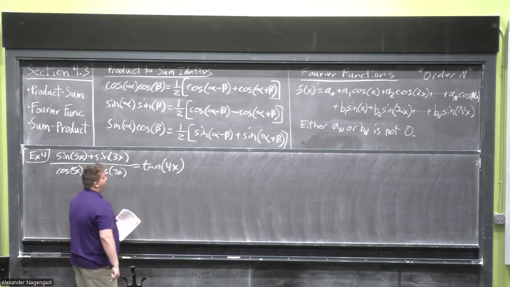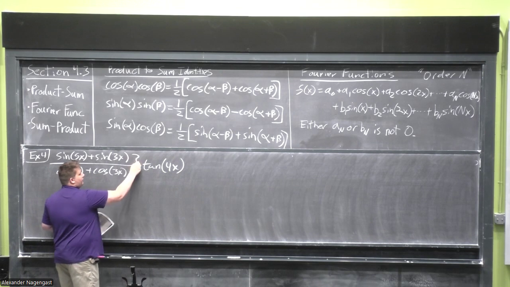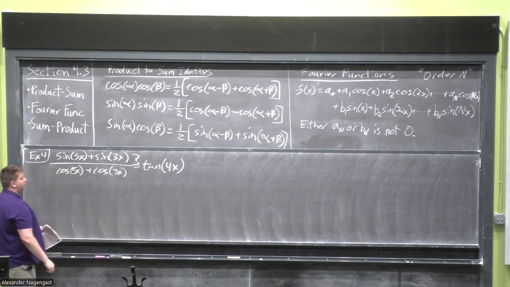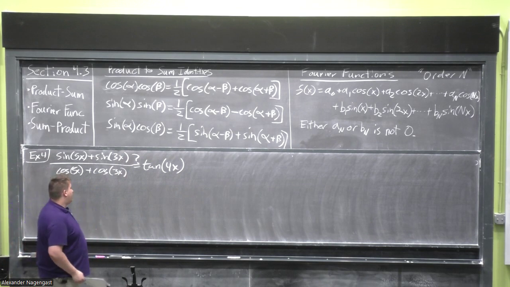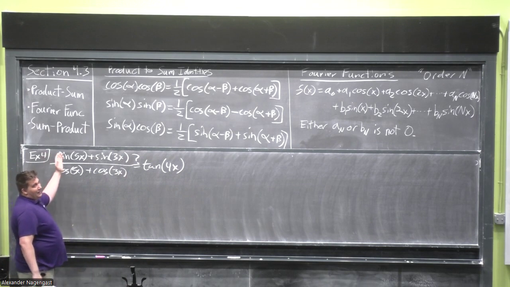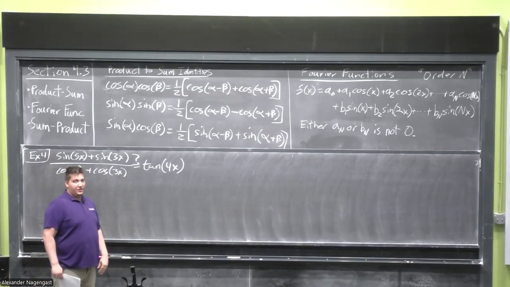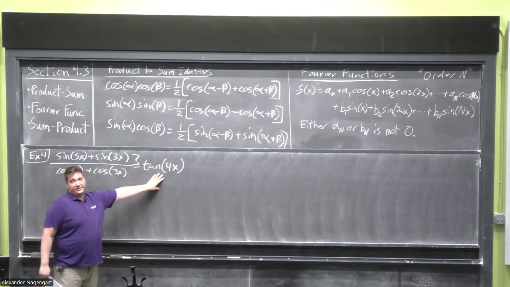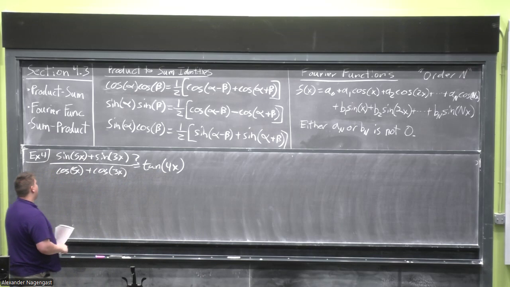This is what we want to verify. We want to see, is this true? So what I mean by uglier side is basically the side that has fractions and a bunch of stuff, and we want to try and get this into a simpler form.